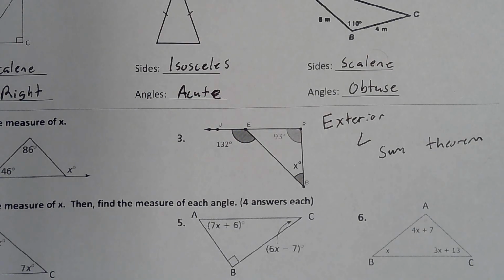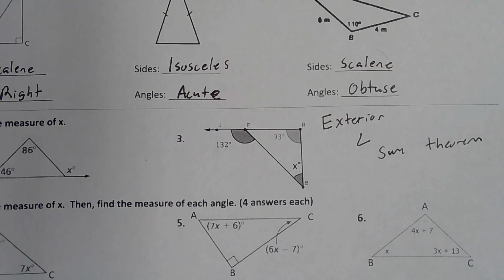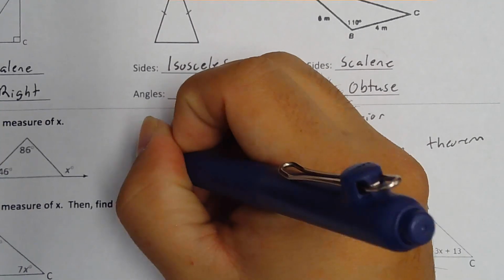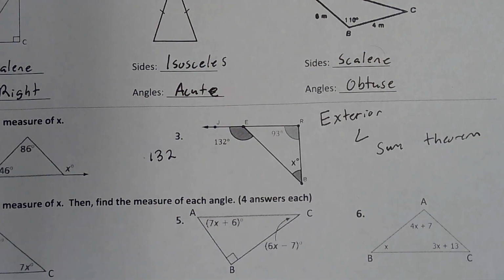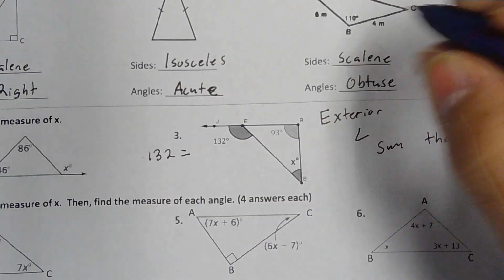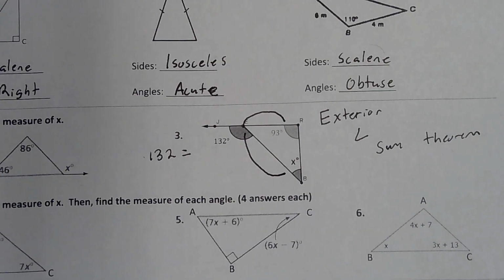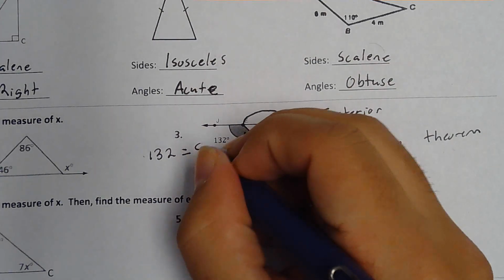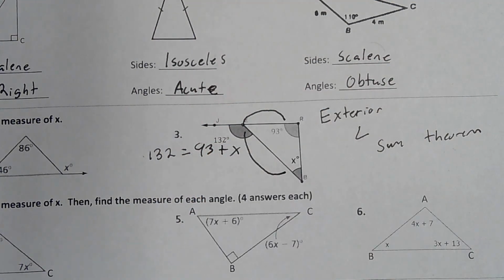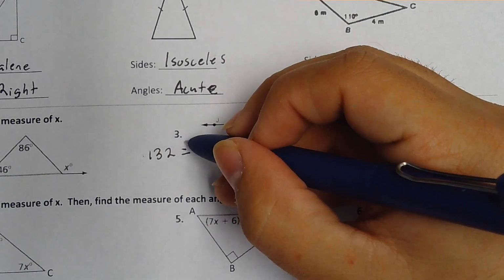Exterior means outside of the triangle. So what number is outside of that triangle on number 3? 132. So 132 is equal to the opposite interior angles. So that's going to be 93 plus x. From there, you're back to algebra 1.